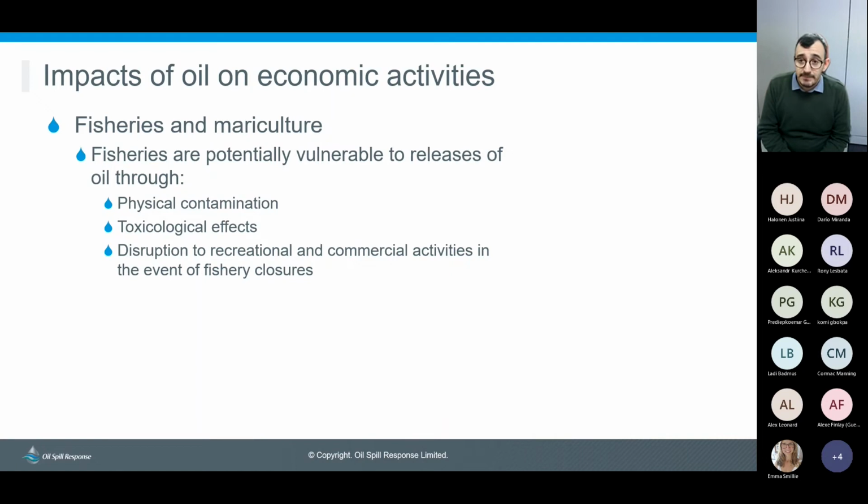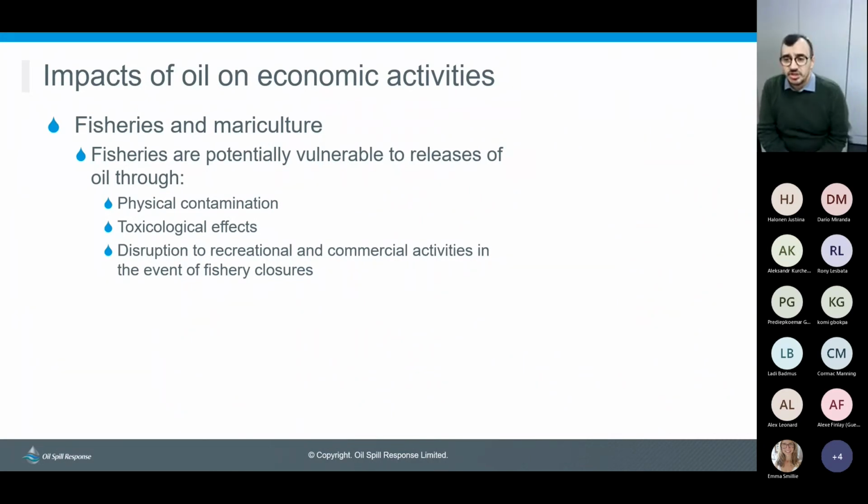These damages may include physical contamination, such as smothering, or toxicological effects, such as fish taint. This fish taint is where the ingestion of oil particles results in a noticeable smell or taste in the end product. It may also include the disruption to recreational and commercial activities, such as fishery closures.